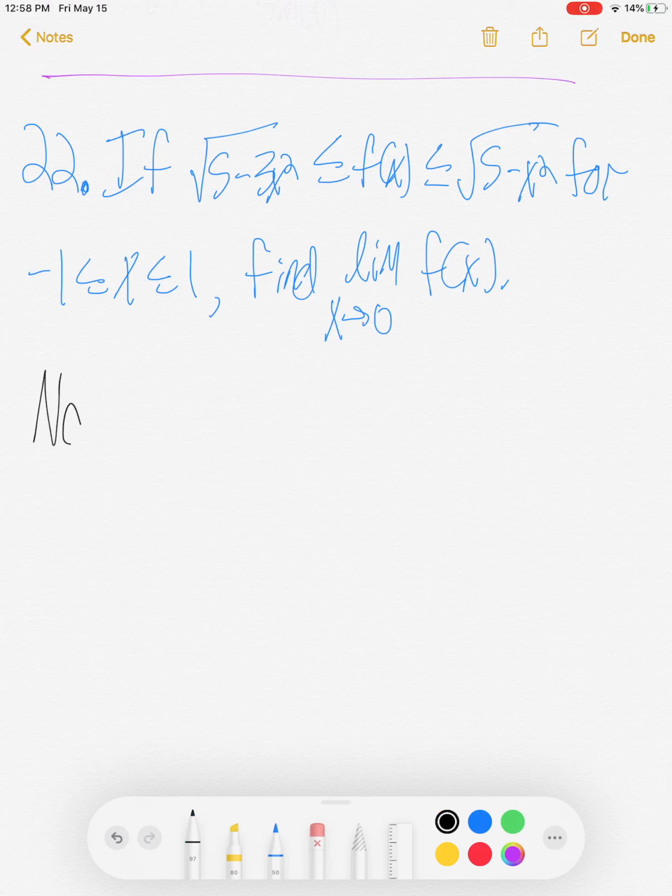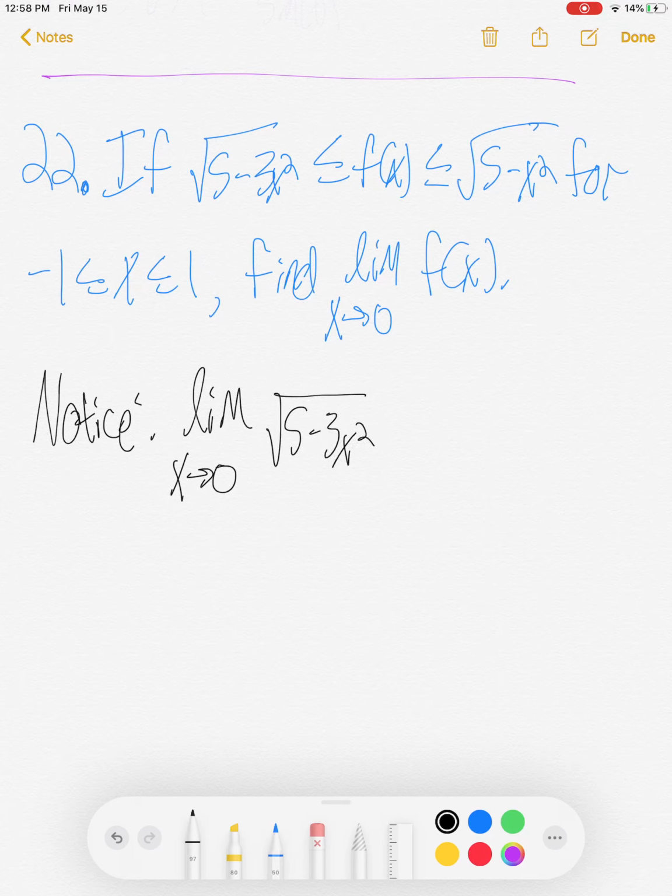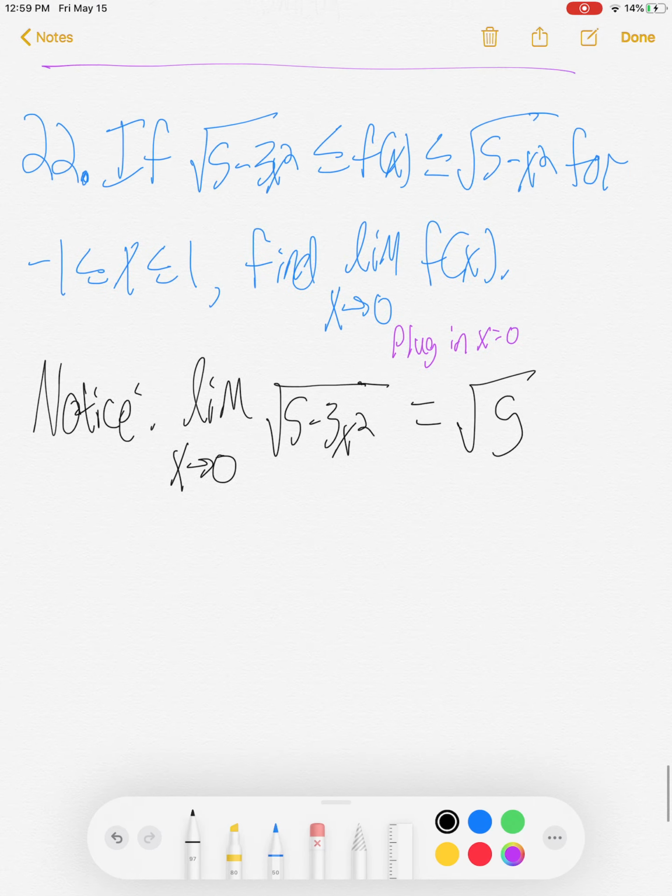Well, notice that if I take the limit as x approaches 0 of this left-hand function, root 5 minus 3x squared, well, this is just going to be root 5 just by plugging in x equals 0, right? Because that just becomes 5 minus 0.